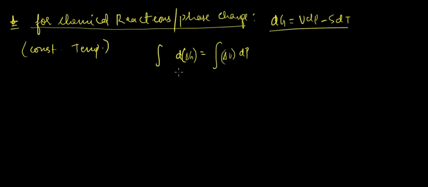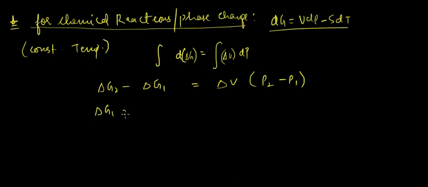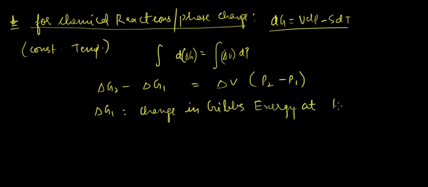So now when we integrate it, we would have delta G2 minus delta G1 equal to delta V times (P2 minus P1), where delta G1 is the change in Gibbs energy at pressure P1, and delta G2 is the change in Gibbs energy at P2.